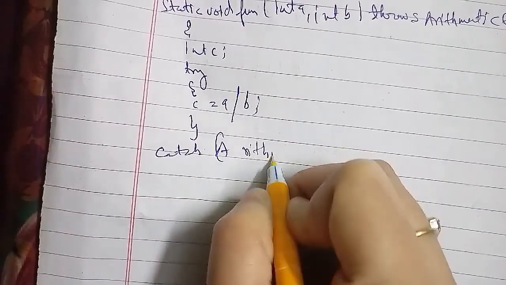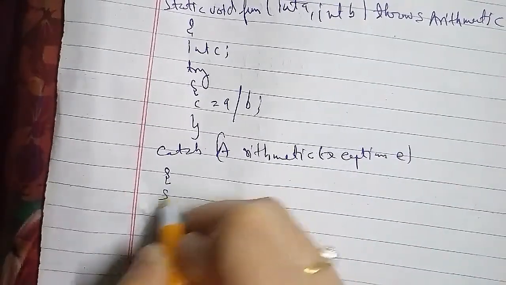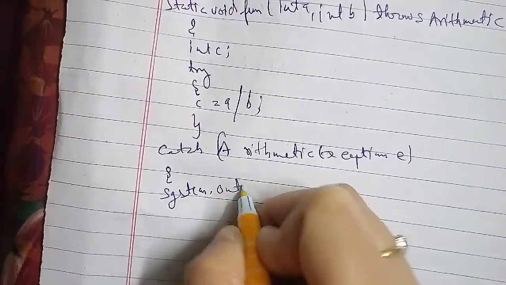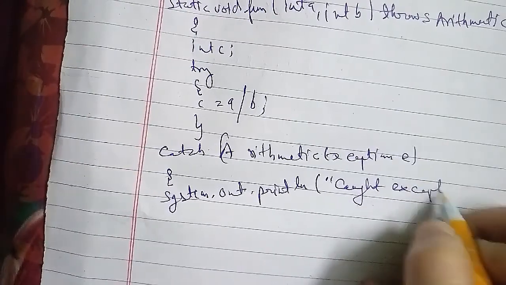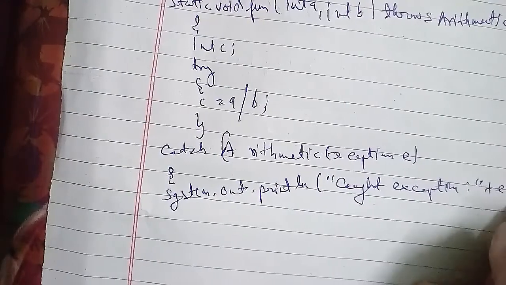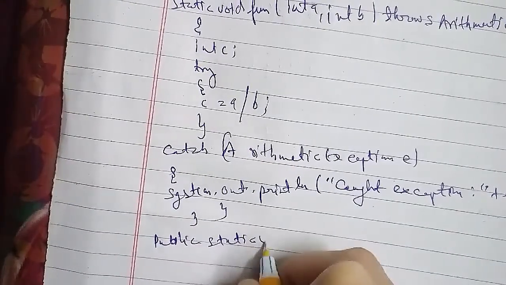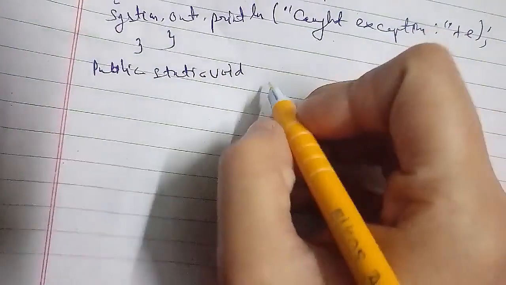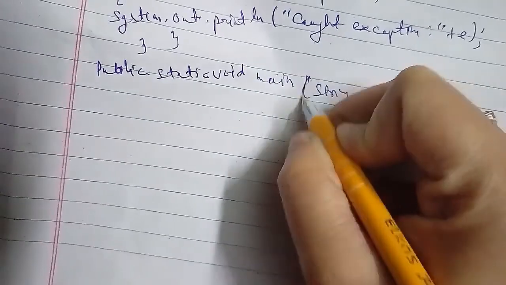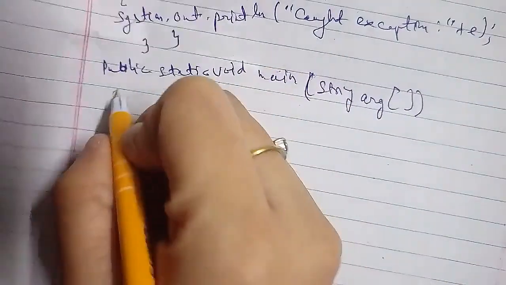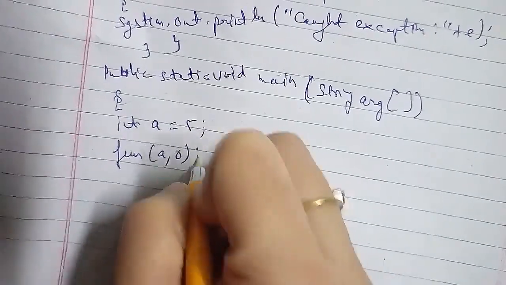Then public static void main(String args), the curly bracket, then start another bracket: int a equals 5, fun(a, 0), close the curly bracket.